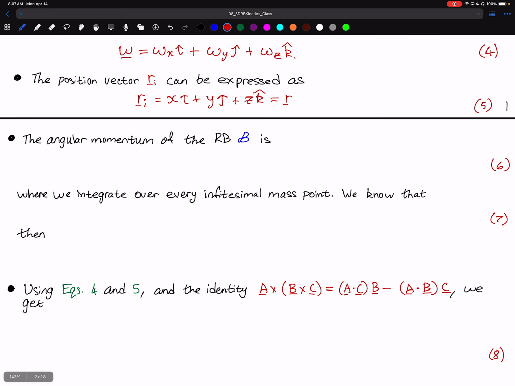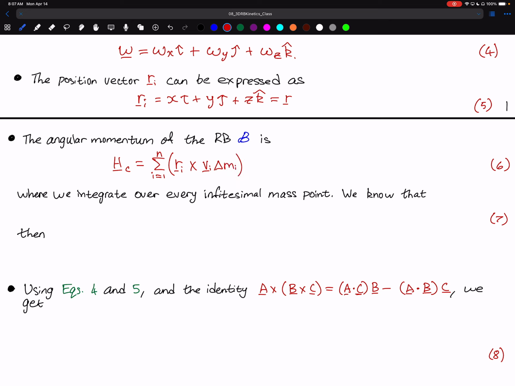All right, so our angular momentum of the rigid body is going to be h sub c, so we're looking at the center of mass. This is going to be the summation from i equals 1 up to n particles of the quantity r sub i crossed with v sub i times delta m sub i.